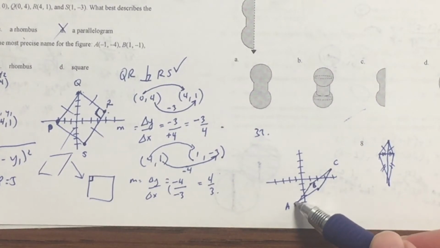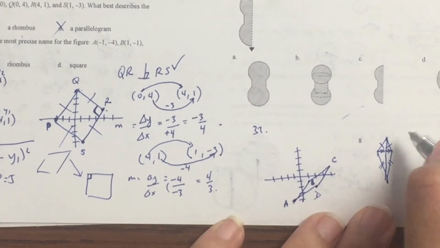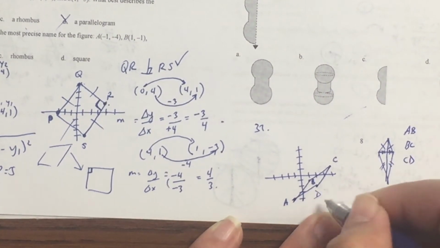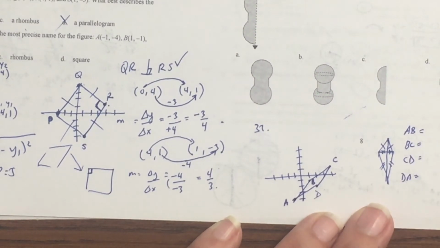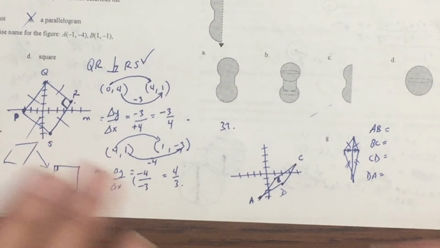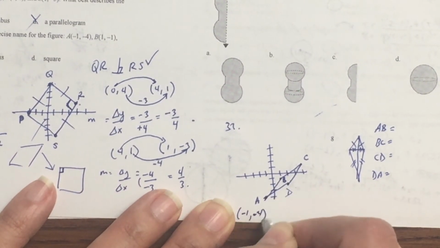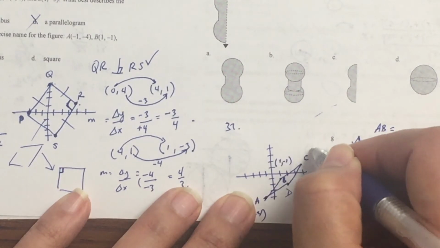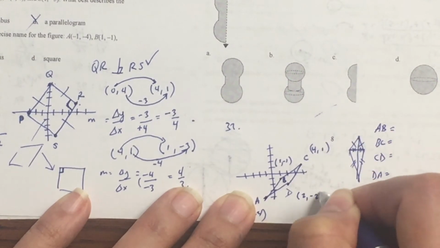So I need the distance from A to B, B to C, C to D. So AB, BC, CD, DA. And all you gotta do is put it in the formula. So I just need to write the coordinates down. So A is -1, -4. B is 1, -1. C is 4, 1. D is 2, -2.